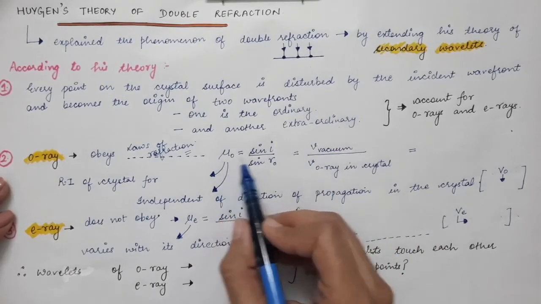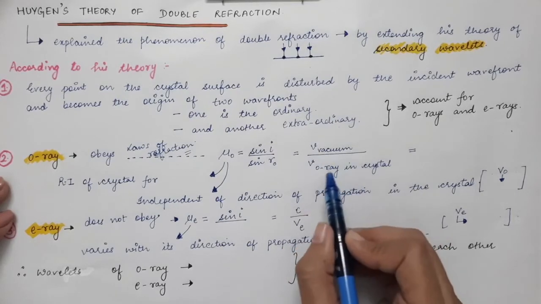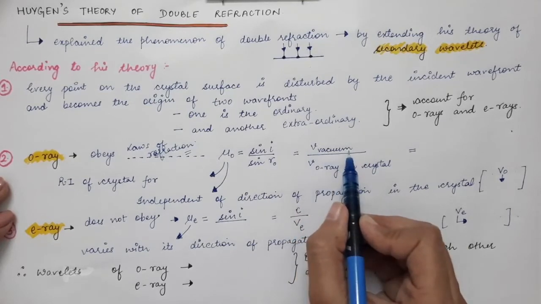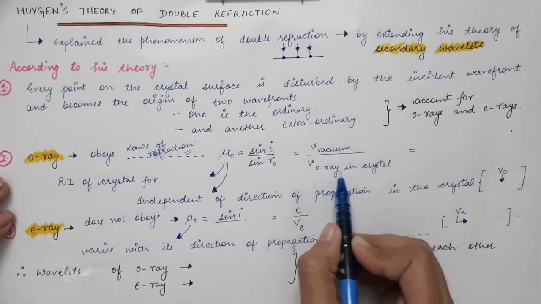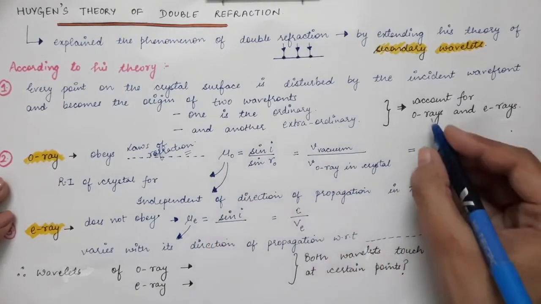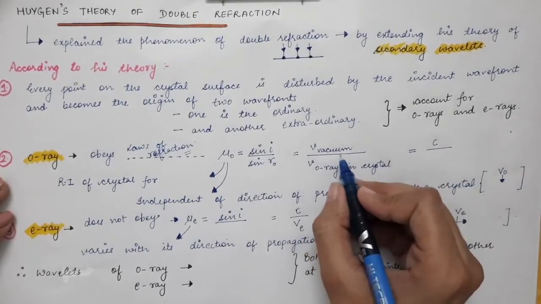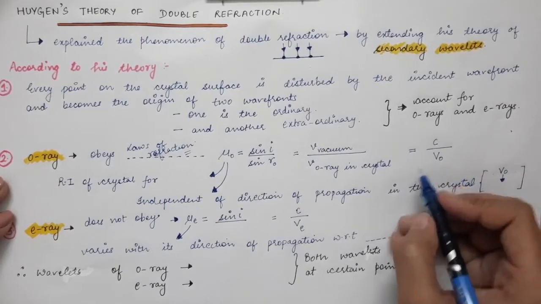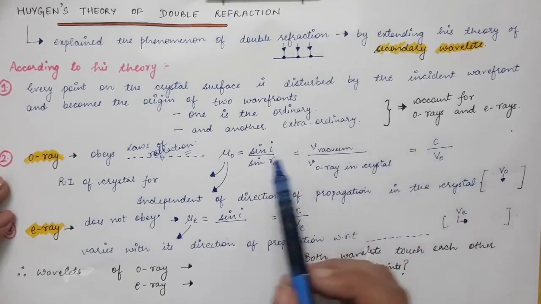The refractive index is also equal to the ratio of the velocity of light in vacuum to the velocity of light in the medium. So in the numerator we have the velocity of light in vacuum, and in the denominator the velocity of the ordinary ray in the crystal. So this is equal to c divided by V_o, where we represent the velocity of the ordinary ray as V_o.